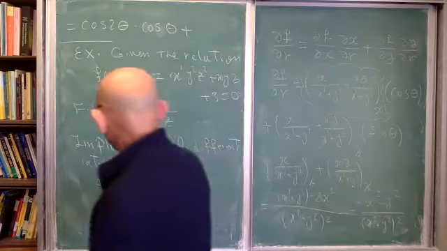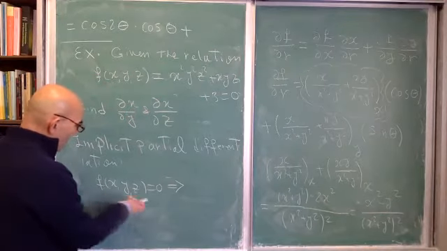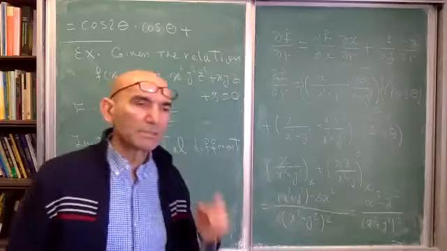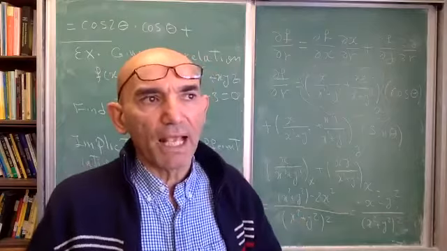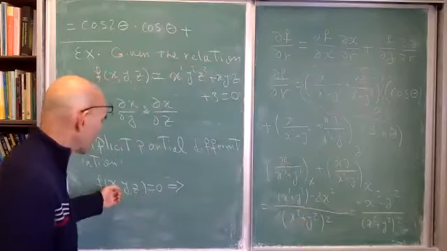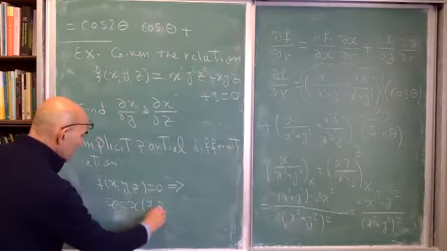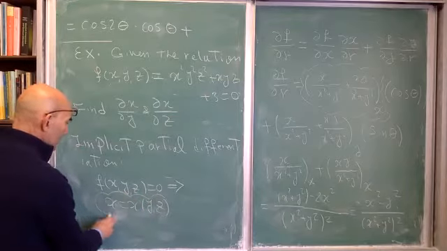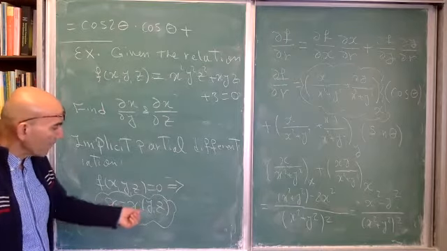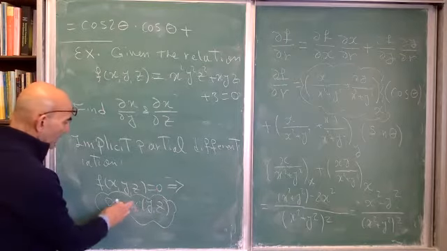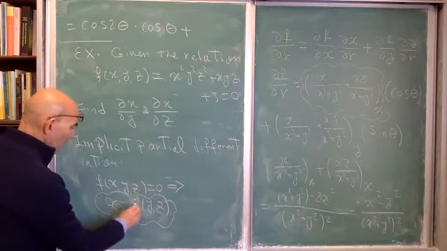Okay, here we have f of x, y, z equal to 0. As we were discussing, you see, these 3 variables are tied together. So if you give me values of y and z, I can go and solve this for x. So I can say x is equal to a function of y and z, maybe g of y and z.